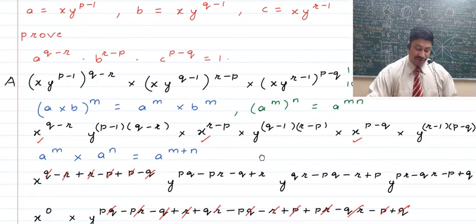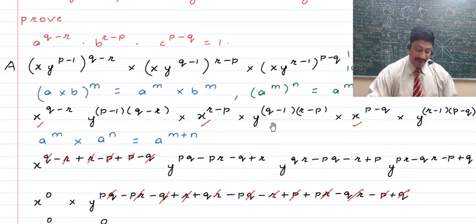Right? Now, children, we have to simplify all of this. Now remember here that we have a raised to the power m into a raised to the power n can be written as a raised to the power m plus n. So as we have these three x's whose powers are these, keeping the base x to be the same, we can add the powers, and for y we will simplify all of this by multiplication.